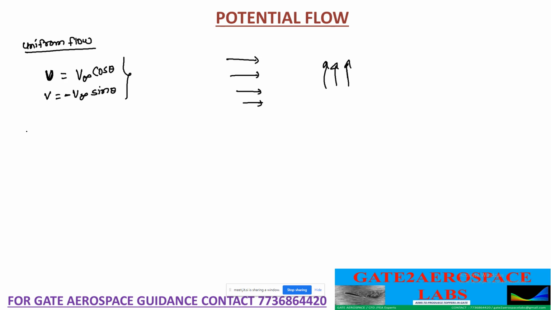Similarly, for a source flow, this is a representation of the source flow diagram. Let's say this source flow has a strength of q. Then the velocity at any radius r, this is the origin, will be given as Vr equals q by 2 pi r.